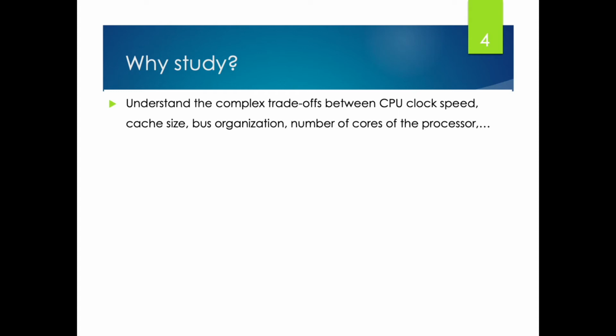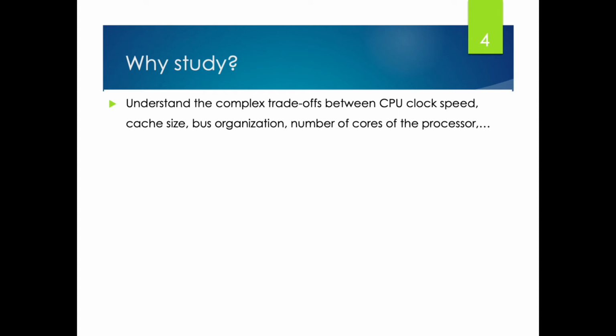For example, a 16-bit bus will always be slower than a 32-bit bus, and a 32-bit system is always slower than a 64-bit system.